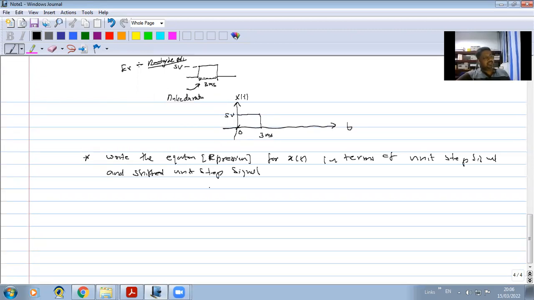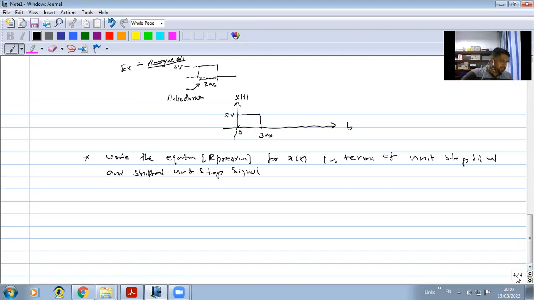Please think. Can you write the equation for this rectangle pulse using these two signals, the unit step signal and the shifted unit step signal? Try to draw it.